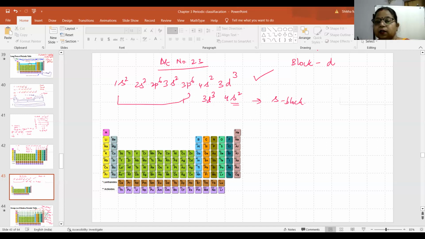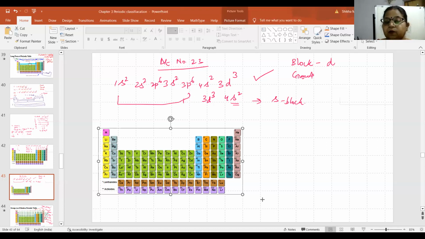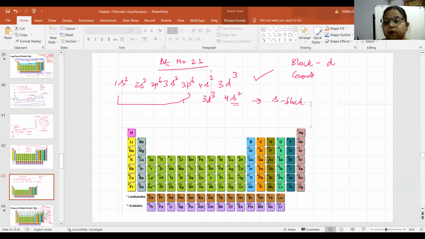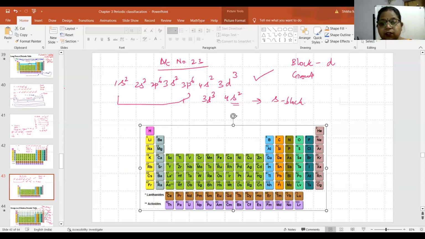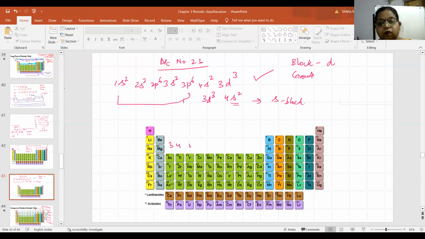Then talking about group, we will just enlarge the periodic table and put the numbers, right? So we know that this is 3, 4, 5, 6, 7, 8, 9, 10, 11, 12.